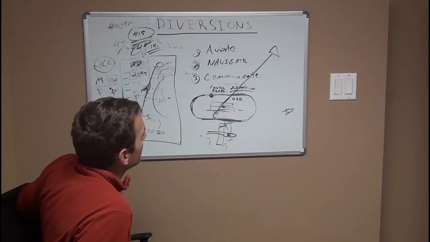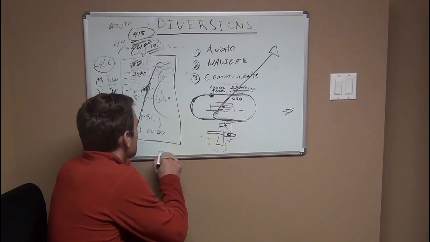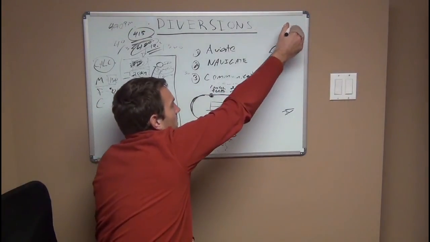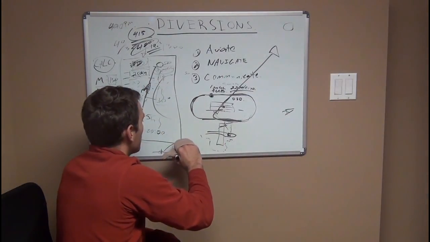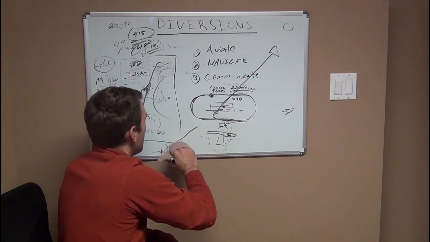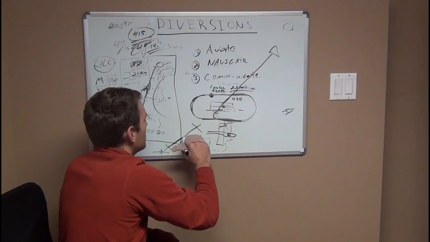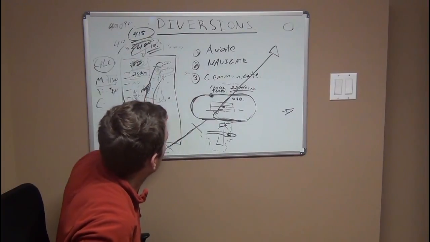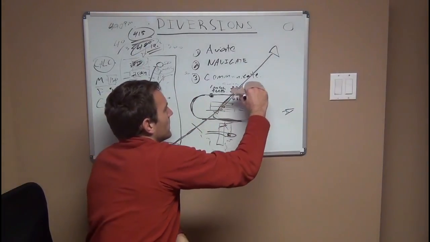And one other thing, you don't have to do the racetrack pattern if you can avoid it. Let's say you're flying here and you're going this direction. If you can do all this while flying straight towards your starting point, like you haven't done your racetrack pattern yet, if you can get all your work done while doing a slow descent or flying to your starting point, then do all your work, get the cross country or the diversion figured out, and then you can just go straight onto your destination.